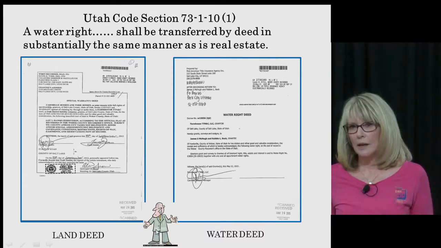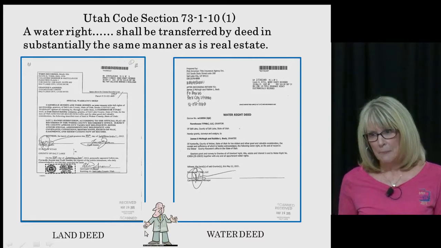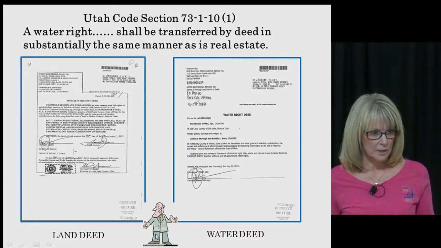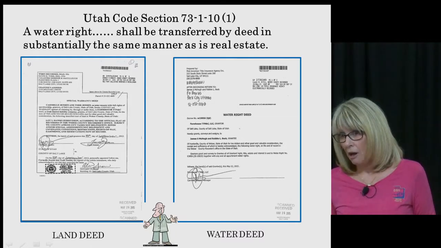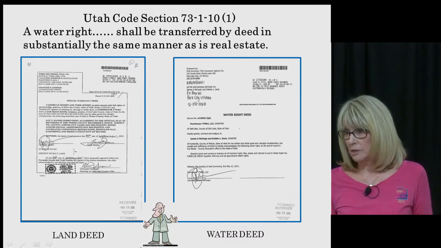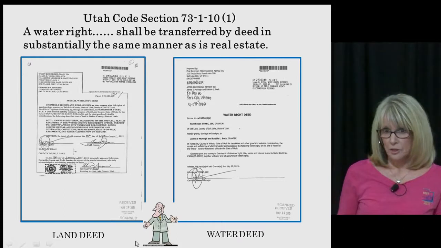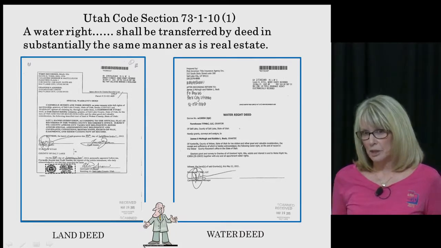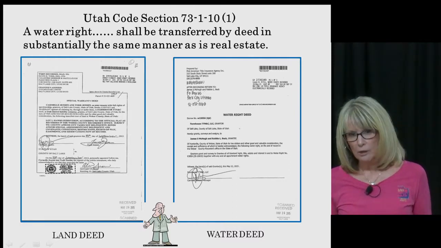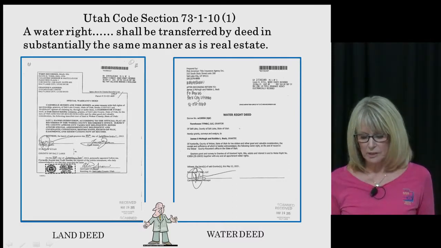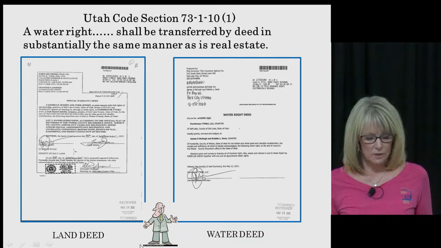I have no idea. I have this water right. What is it? Well, Chris has covered that in his presentation. But the second question is, how is ownership of a water right transferred? Under our code, section 73-1-10, it states that a water right shall be transferred in substantially the same manner as real estate.